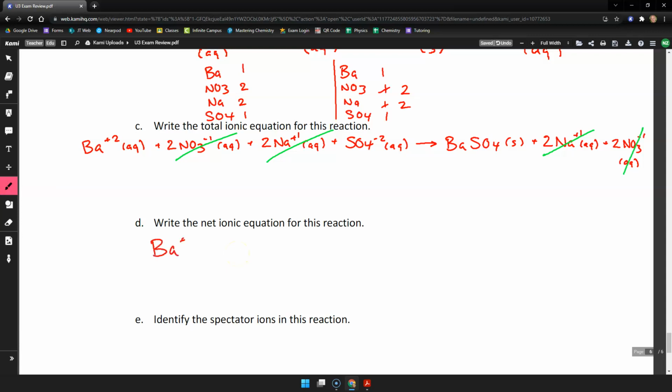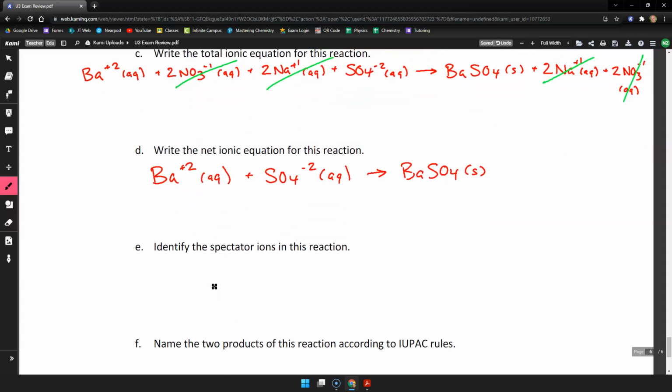So Ba +2, aqueous. We have sulfate, SO4 -2, aqueous. That goes to barium sulfate, solid. Okay, identify the spectator ions, anything we crossed off. So NO3 -1, and sodium +1.